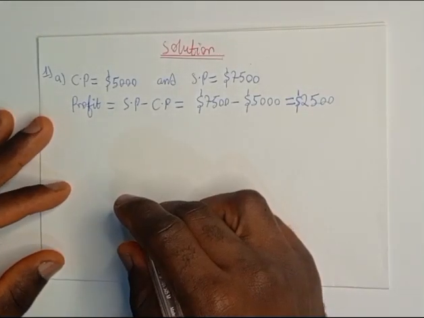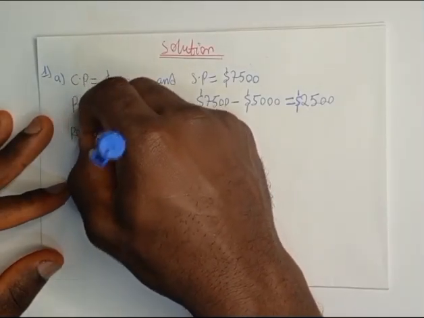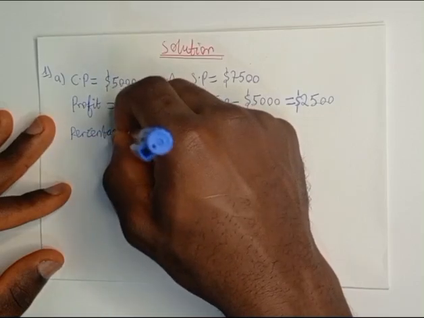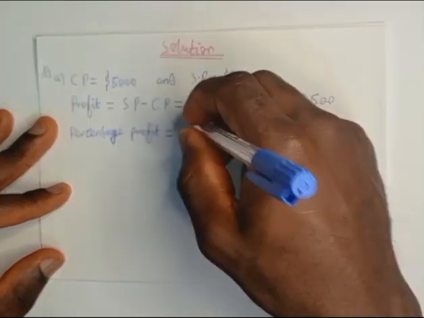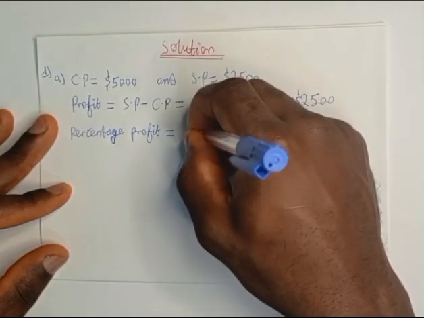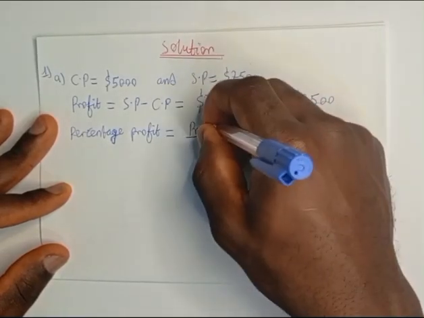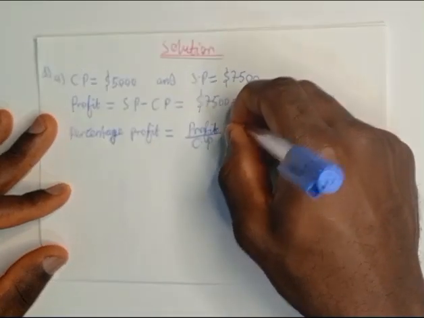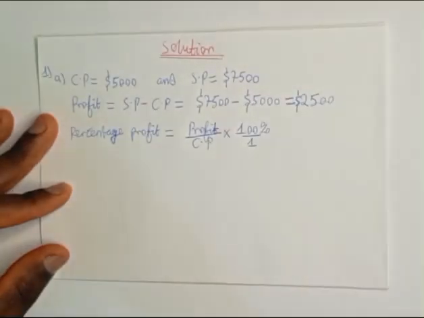Now we have to find the percentage profit. Percentage profit is simply equal to the profit all over the cost price times 100% over 1.